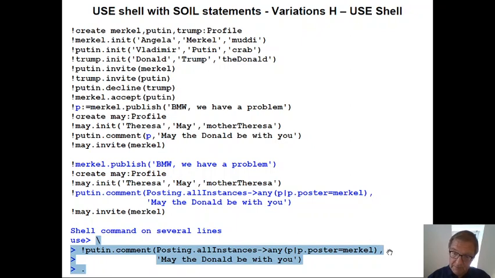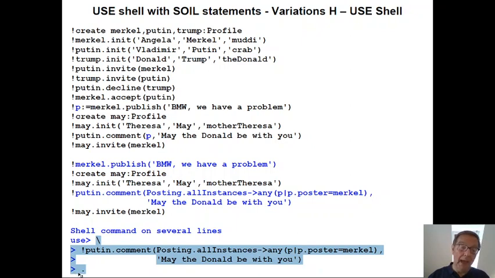So at this point in time, you're having a line break. The return keystroke is done, and you can enter several lines. You can also enter a long query. If you have a query that goes over several lines, you can enter it here.